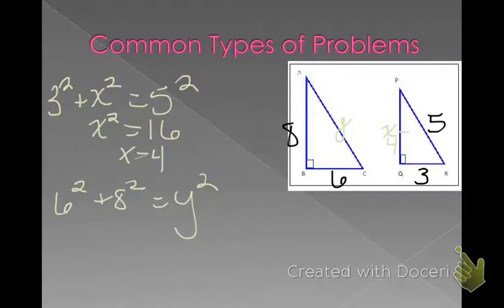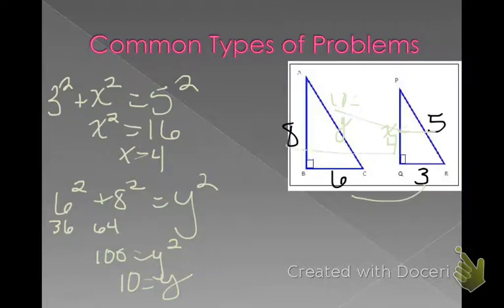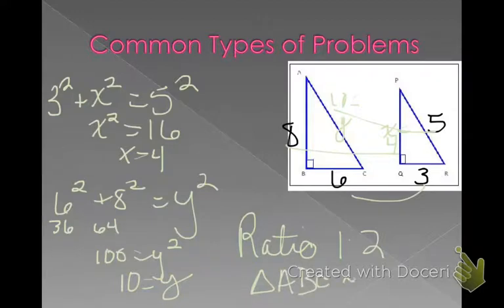And then this is 36, this is 64, so Y squared is 100. So Y equals 10. So we double here, we double here, and we double here. They all have a ratio of 1 to 2. So triangle ABC is similar to triangle PQR.